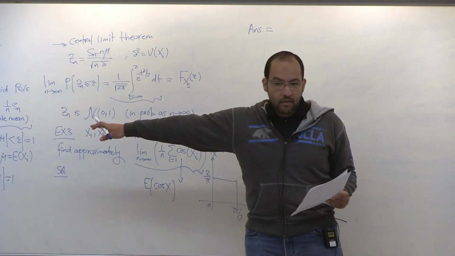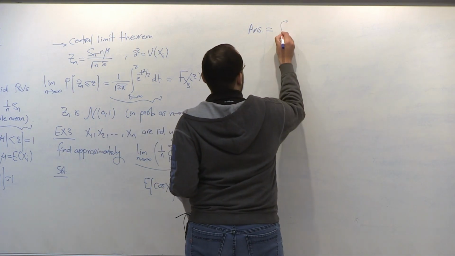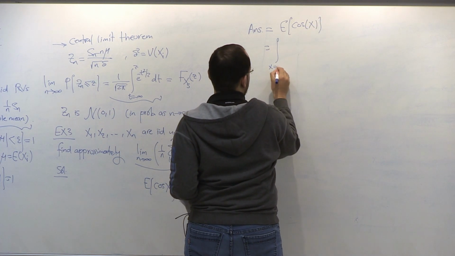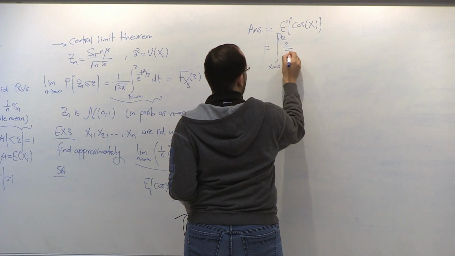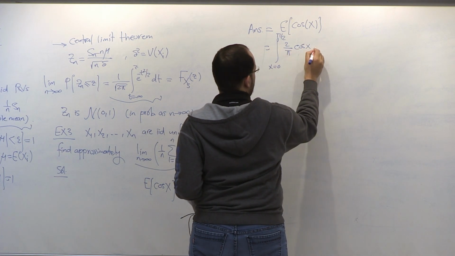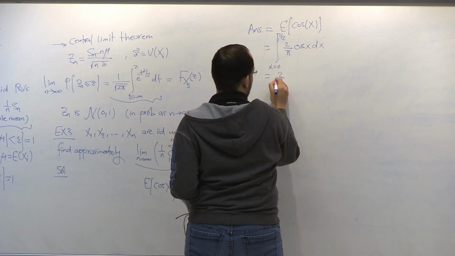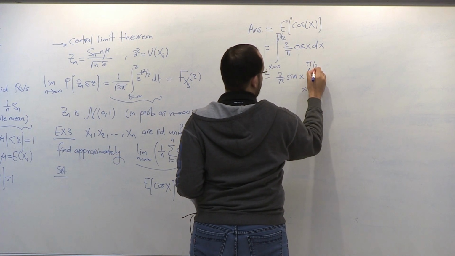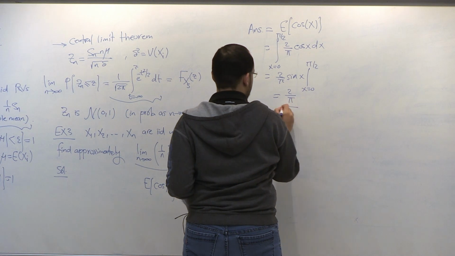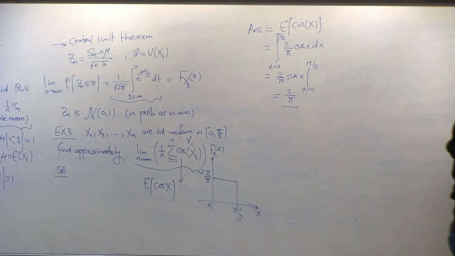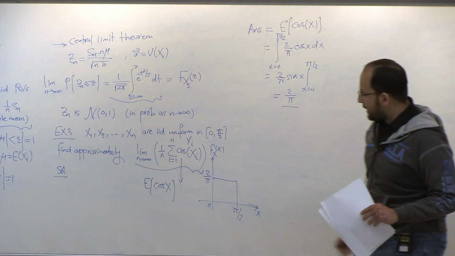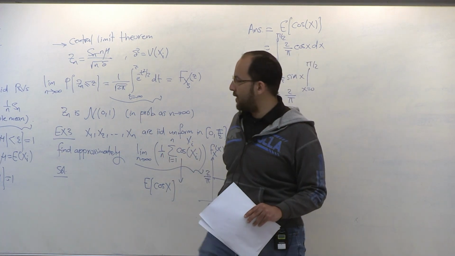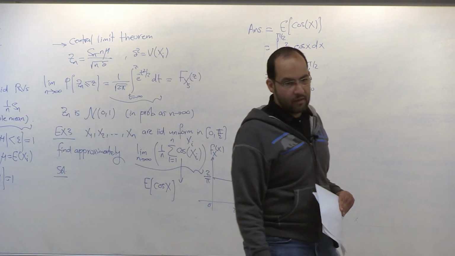So the answer is, it is the expectation of cosine X, which is the integral for x from 0 to pi over 2 of 2 over pi cosine x dx, which is 2 over pi sine x from x equals 0 to pi over 2, which is 2 over pi. It looks very complicated, limit 1 over n summation, but this is just 1 over n Sn, and this is just the expectation. Okay?